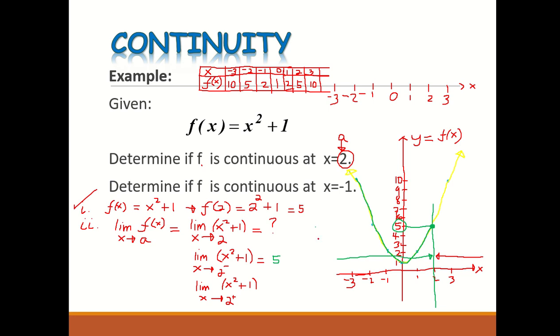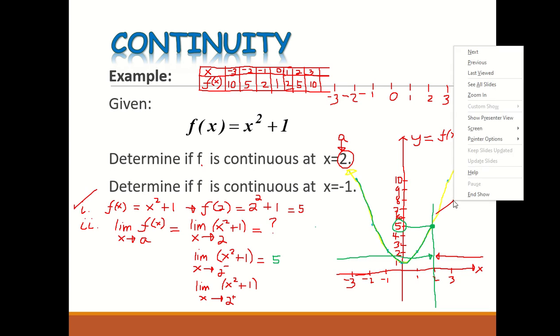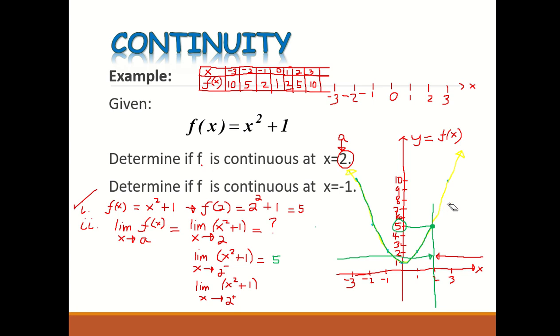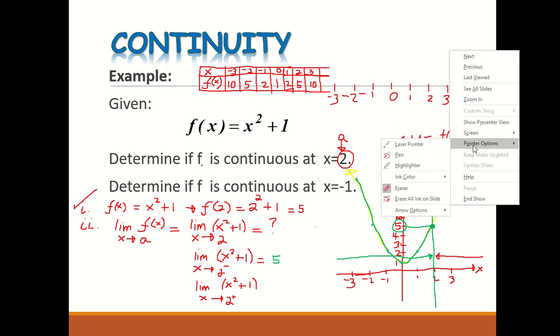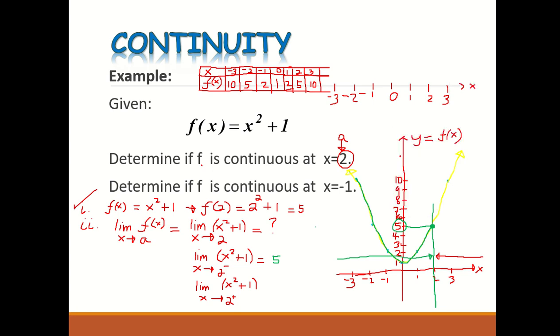So tracing the graph from the right, you can start from 3 going down, or you just extend it. It's okay, no problem.